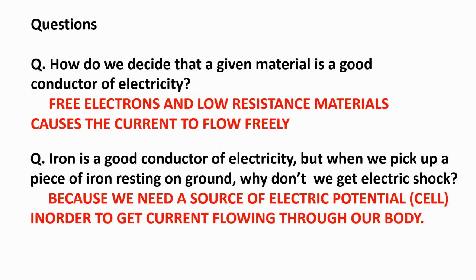Why is it? It is because we need a source of electric potential, that is nothing but the cell, in order to get current flowing through our body. Now when I pick up the piece of iron rod, it is not connected to a source, that is a cell, and current is not flowing through it, and that is the reason I don't get an electric shock.